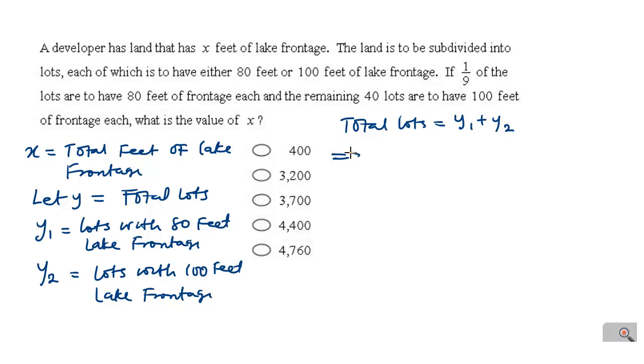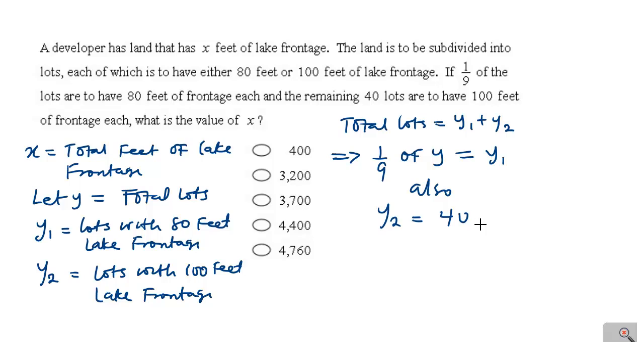This implies that 1/9 of Y, that is of the total lots, will be equal to Y1, the lots with 80 feet lake frontage. Also, Y2, the lots with 100 feet lake frontage, will be equal to 40.